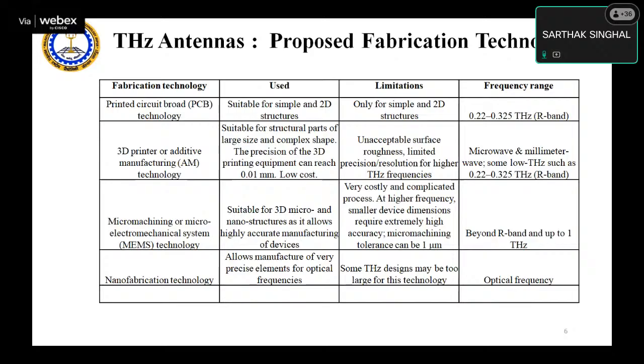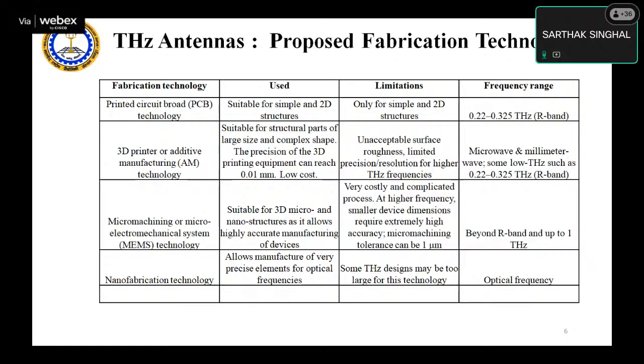So by using this 3D printing or additive manufacturing technology, only microwave and millimeter wave devices can be fabricated and tested, or we can say up to 0.5 terahertz you can fabricate by using this 3D printing. Okay. The third technology which is available at present is micromachining or the MEMS technology.